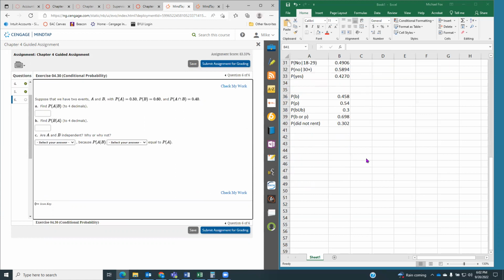So we have two events, A and B. The probability of A is 0.5, the probability of B is 0.6, and the probability of the intersection, the part in the middle, is 0.4. Then it wants us to find the probability of A given B. This little line means given, which means we limit our data set to just B.